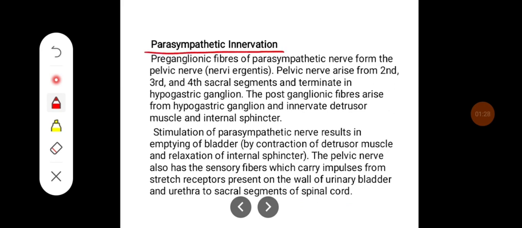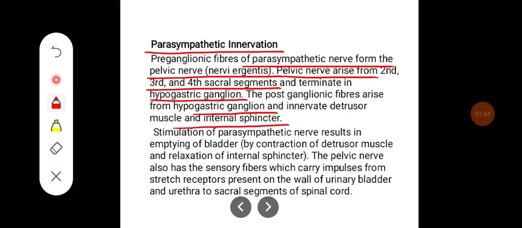If you see parasympathetic innervation, the preganglionic fibers of the parasympathetic nerve form the pelvic nerve, which is also called nervi erigentes. The pelvic nerve arises from the second, third, and fourth sacral segments and terminates in the hypogastric ganglion. The postganglionic fibers arise from the hypogastric ganglion and innervate the detrusor muscle and internal sphincter.